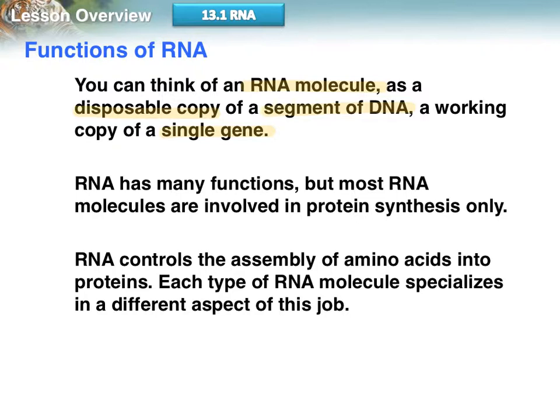RNA has many different jobs, and we're going to talk about those, but mostly RNA is involved in making proteins, that is, protein synthesis. So if you recall, proteins are made of amino acids in long chains, and the RNA molecules are specialized to different aspects of this assembly of the amino acid chain.